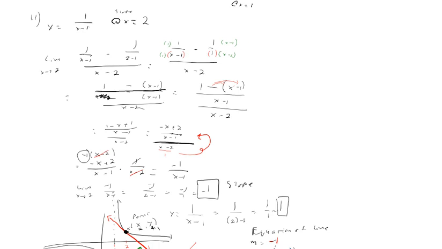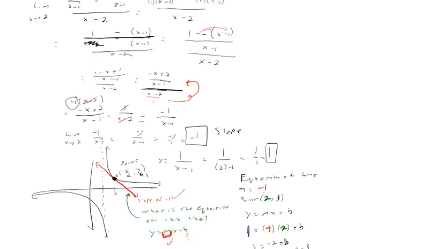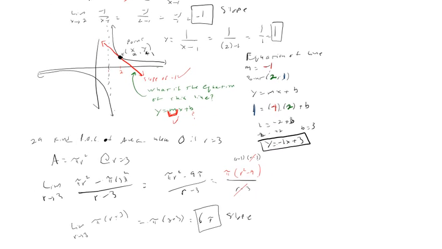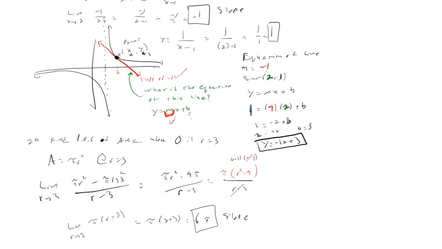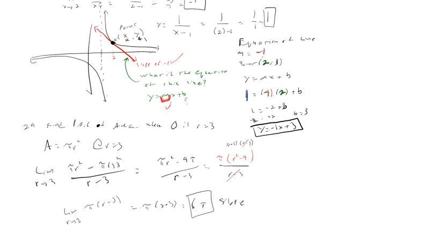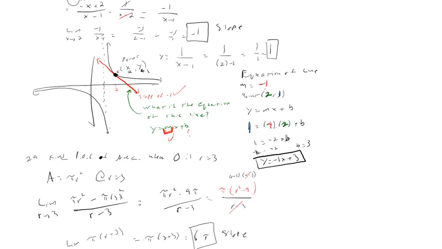This gets you the slope. Once you have the slope, use your x value, plug it into your formula, get the y value, use those x's and y's to find your equation. And I'm going to give you an example of how to do this, an example from the homework assignment, which will be out of the book.